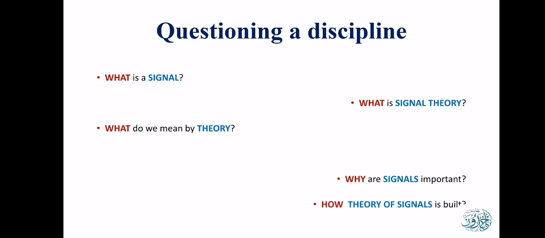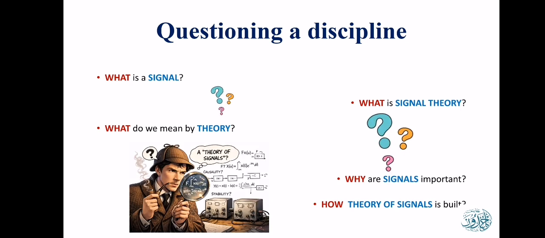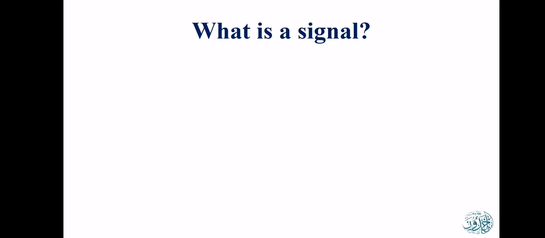So our work here will resemble that of a detective. We will ask the right questions, follow the clues, and progressively uncover what signal theory is really about. So let's start with the first question. What is a signal?